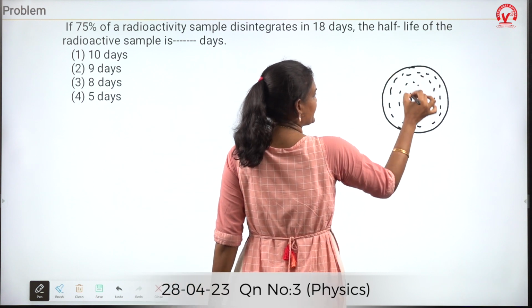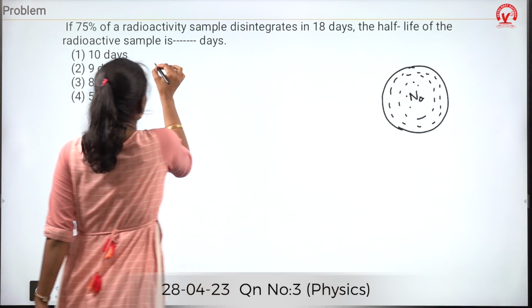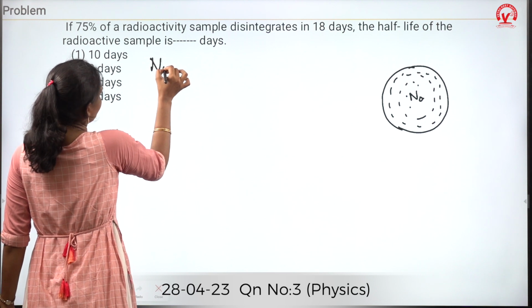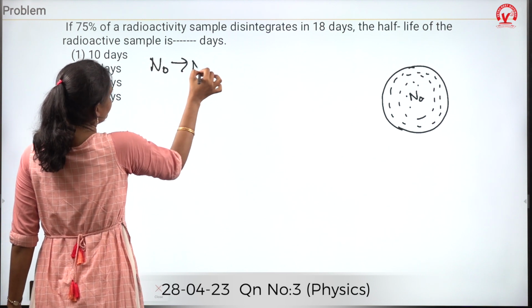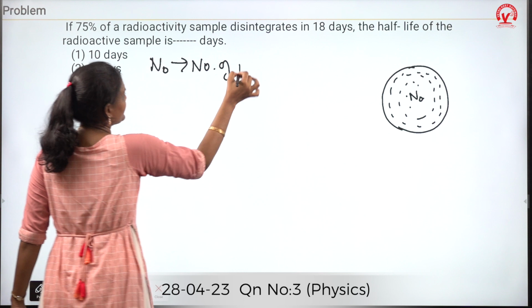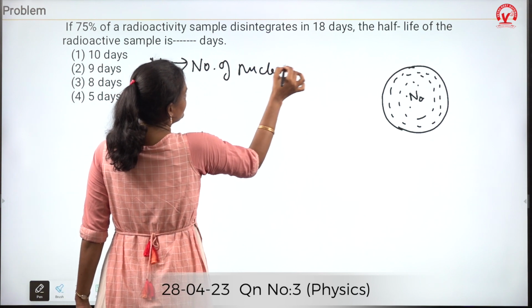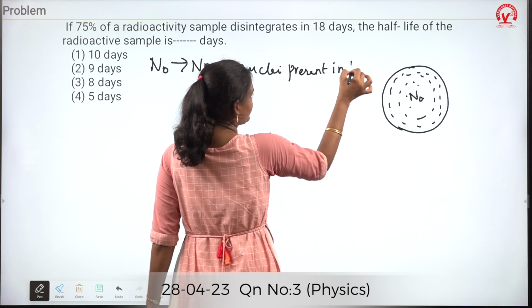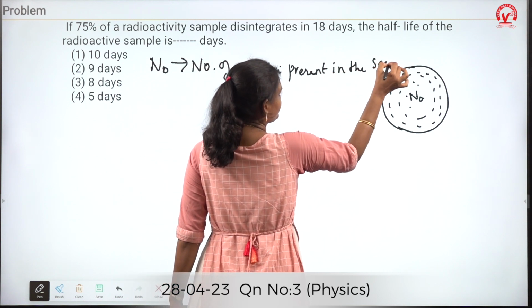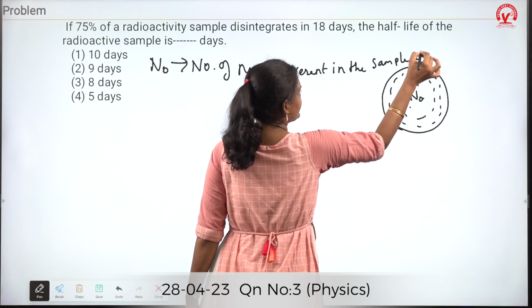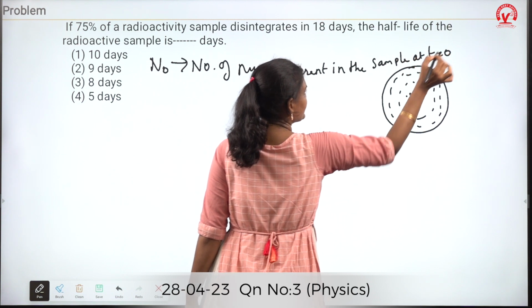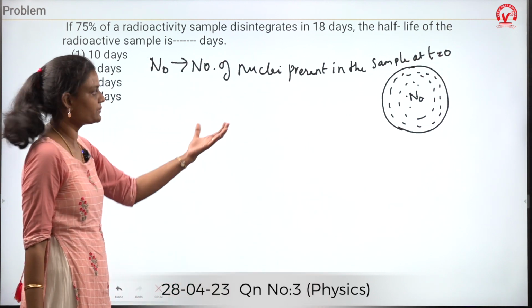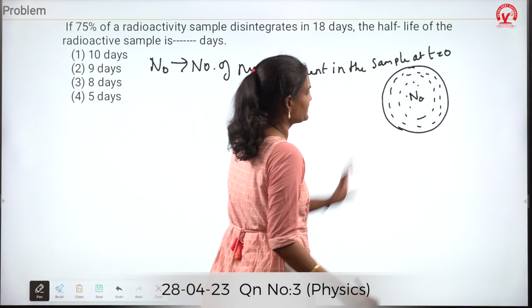N0 represents the number of nuclei present in the sample at t equal to 0.